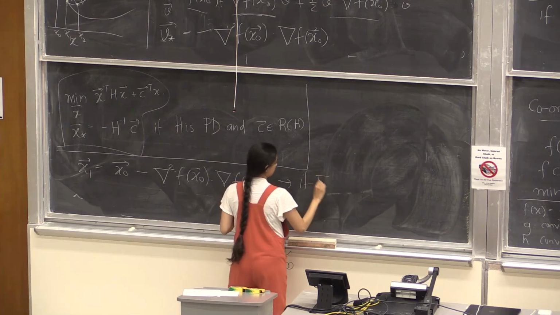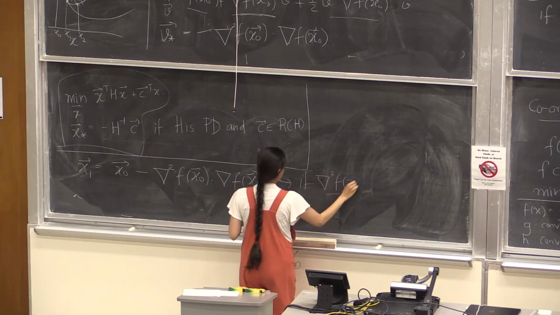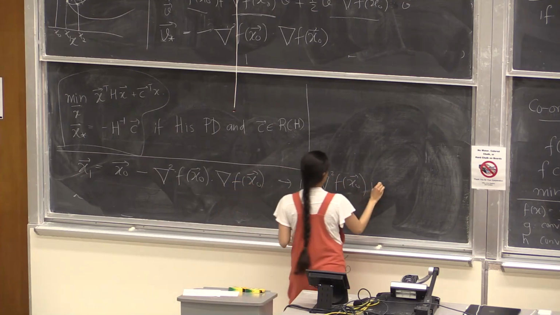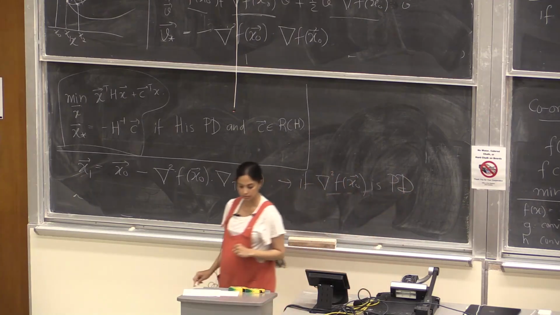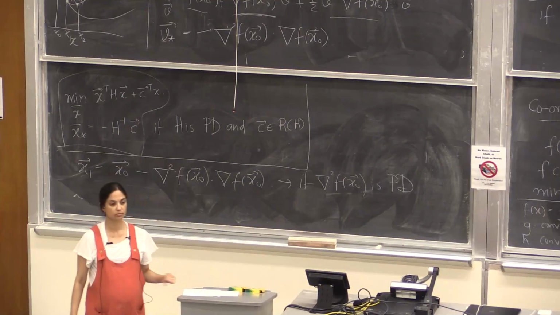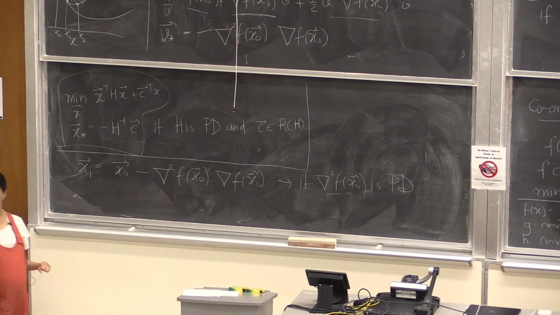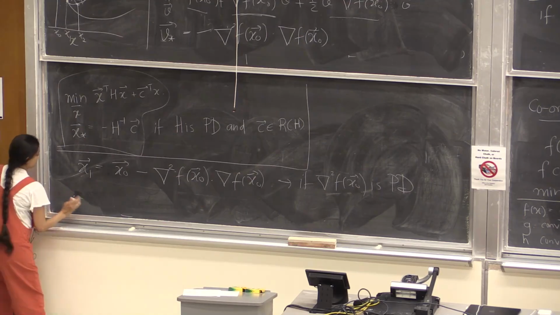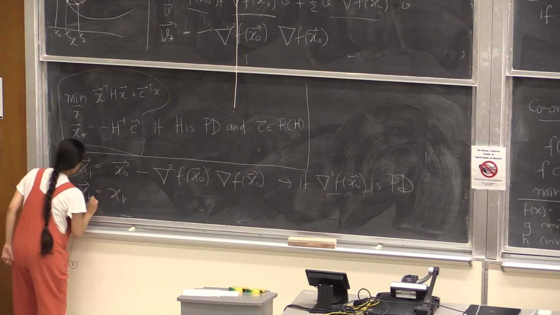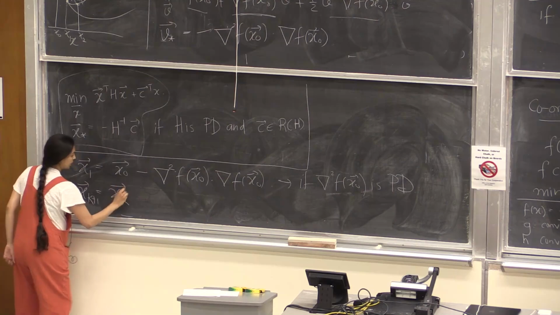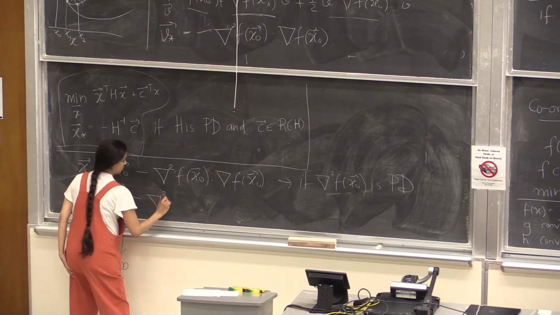In general, if I want to do a rinse and repeat on this, I get x k plus 1 is equal to x k minus the Hessian of f at x k times the gradient.